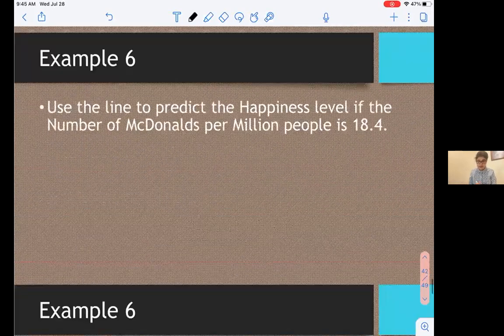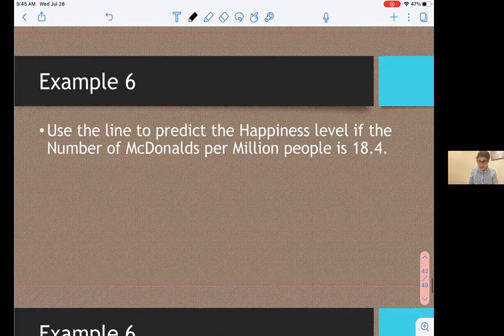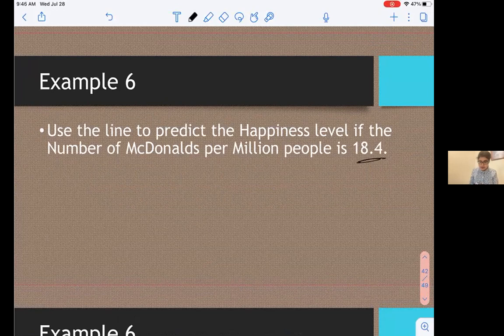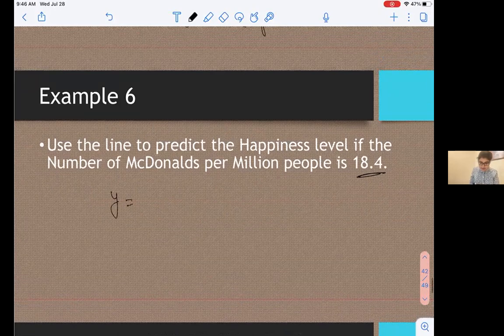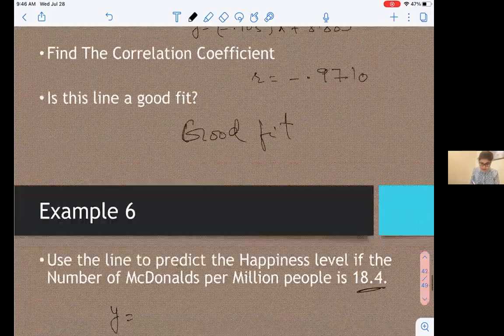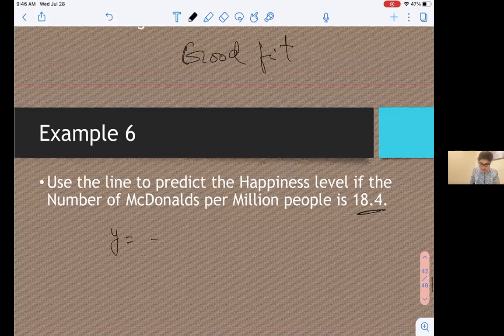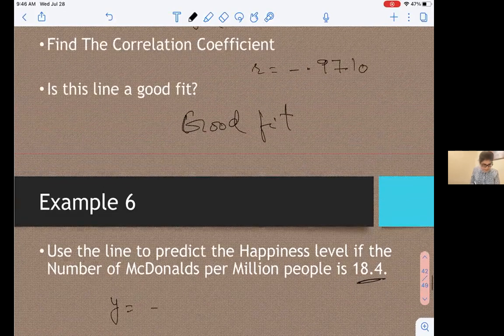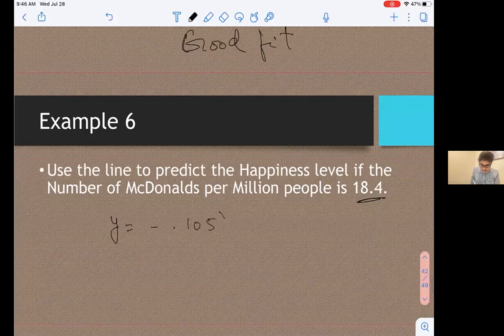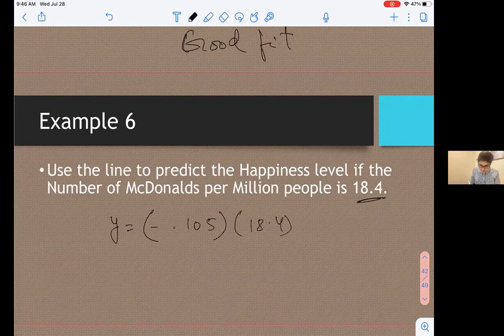So if you use only this data, the selected points out of 11 countries, what will be the happiness level if the number of McDonald's per million is 18.4? In the previous equation, substitute the value of x: minus 1.105 times 18.4 plus 8.883. What will it give you?